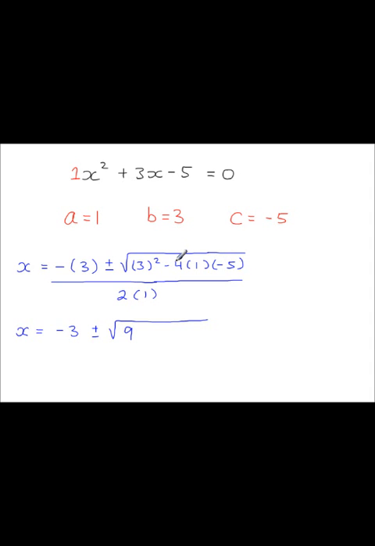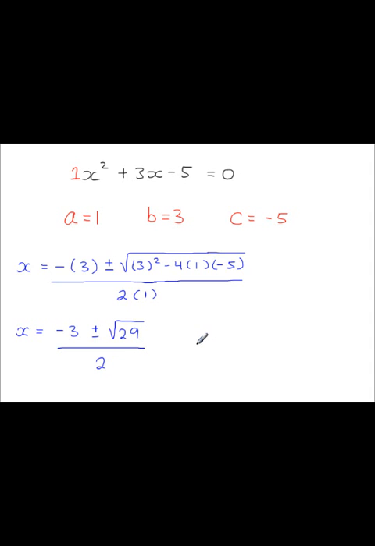So that's 4 times 1 times 5, which is 20, positive value, plus 20, all divided by 2a, which is 2 times 1, which is 2. So the square root of what we got here, 9 plus 20, so that's 29. This cannot be simplified any further, so you have two solutions here.